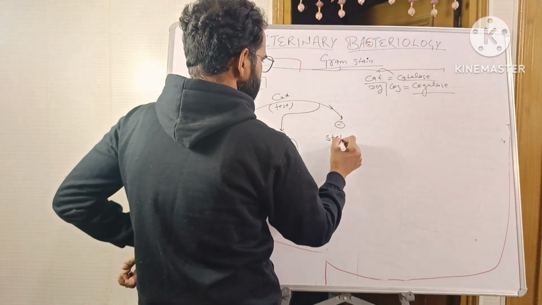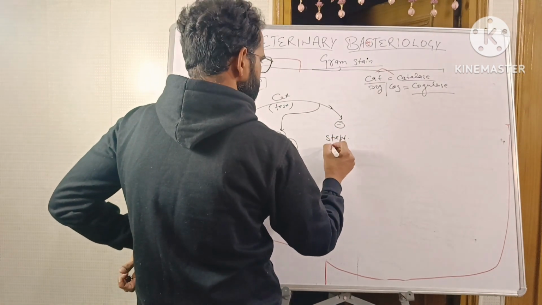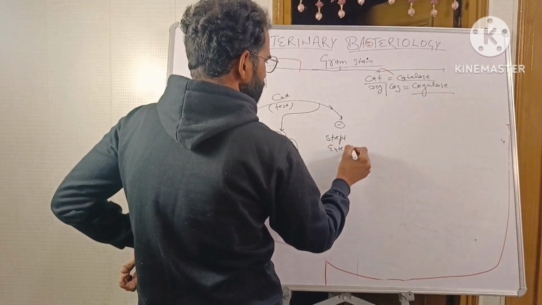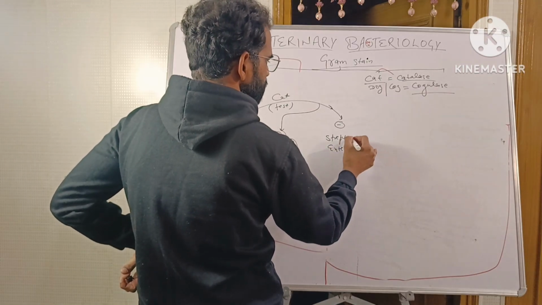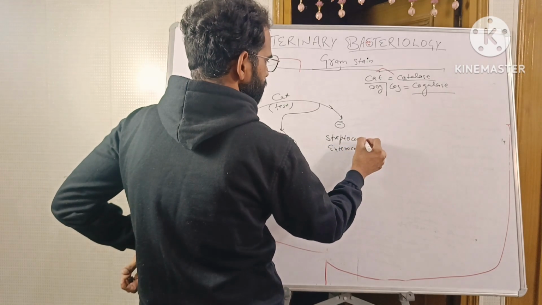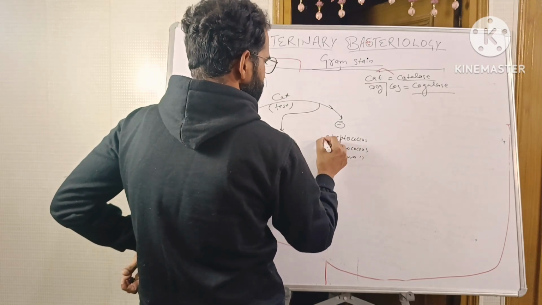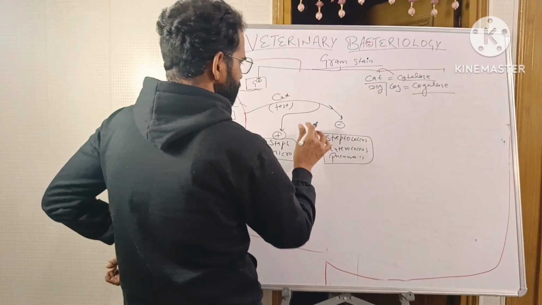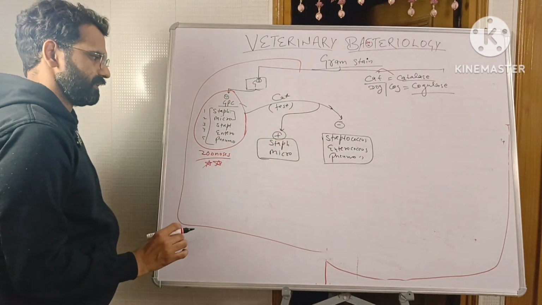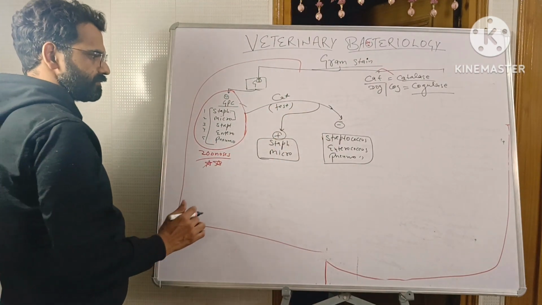And the remaining three, strep, enterococcus, and pneumococcus, are the cat negative.